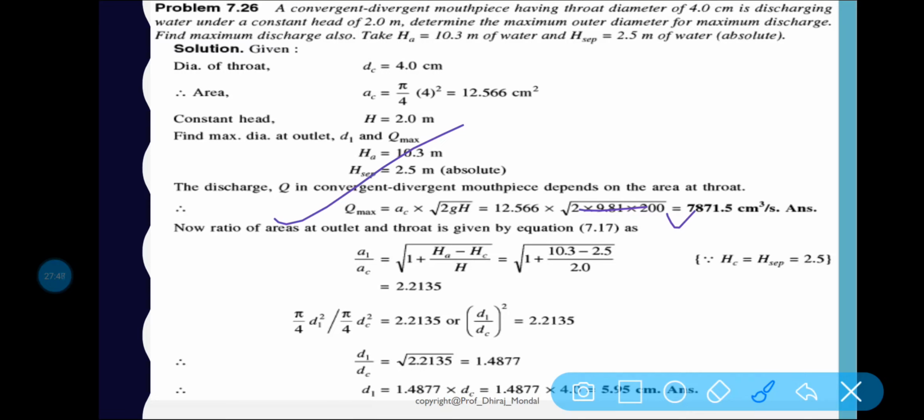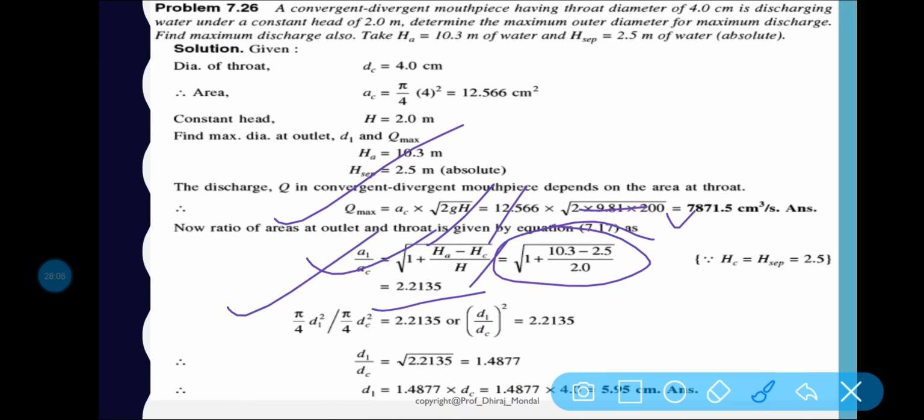Now the ratio of area at outlet and throat, this equation is well known, already have discussed. So put all the values HA, HC, H, we will be getting 2.22 as the ratio of area.